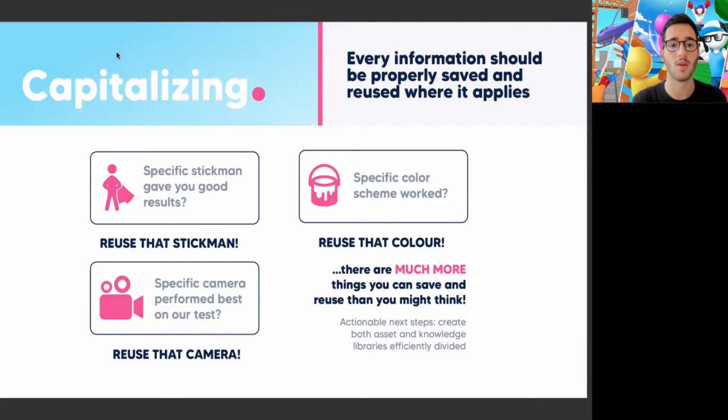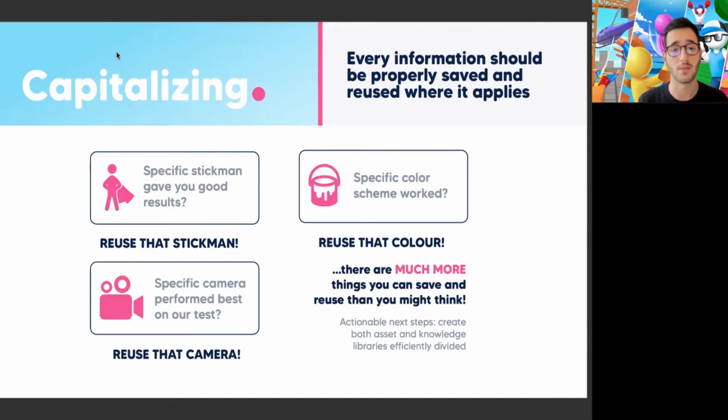So really, that needs to be the mindset, and there are many efficient ways of properly saving this information. If it's assets, it's by creating libraries. If it's information, it's even just by writing it down in a well-organized document, so that whenever you're starting a new prototype, you can just go through a checklist of things and make sure that you applied all the right things at the right spots.